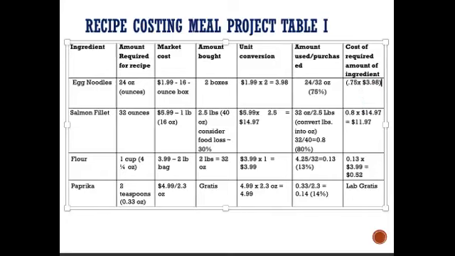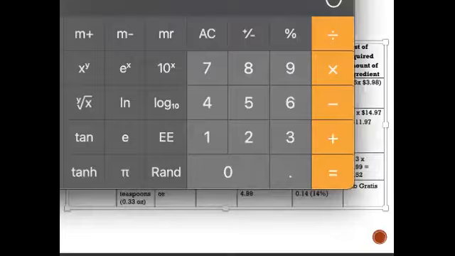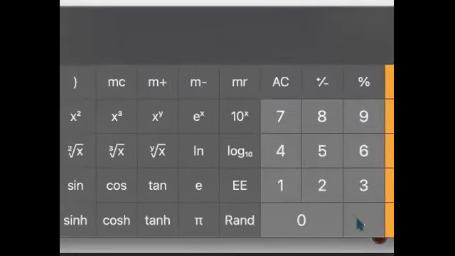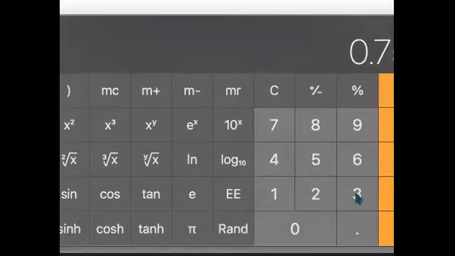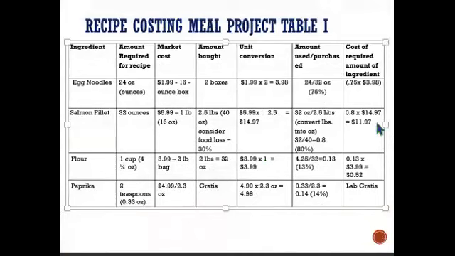So let's say, I mean 0.75 times 3.98 is equal to $2.98, which is how much you spent on the egg noodles.